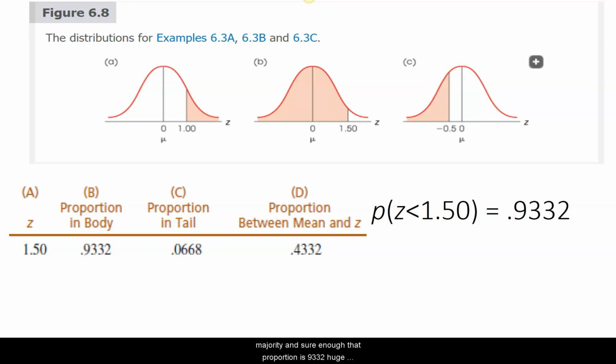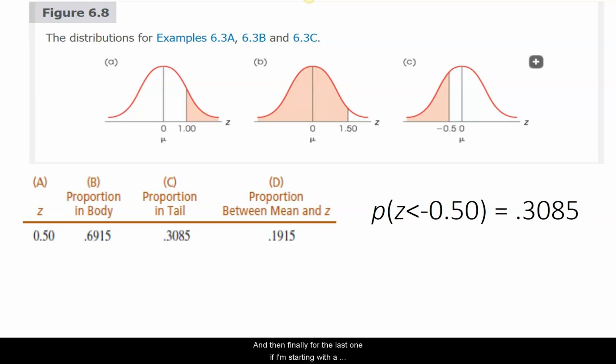And sure enough, that proportion is .9332. A huge majority of the curve, 93 and about 1/3%. And then finally for the last one, if I'm starting with a negative Z score of negative 0.50 and then going left, as I can see visually, that's clearly a tail. No question about it. And in that case, that's going to be the tail value of 0.3085.